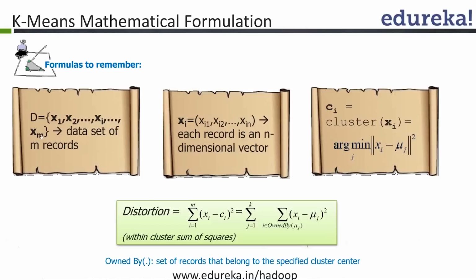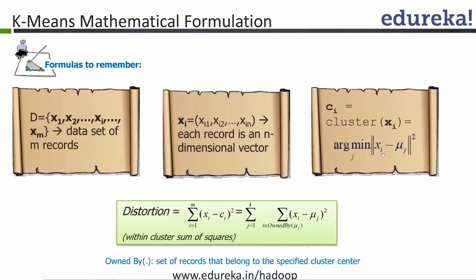Okay, and how can I define a cluster in mathematical terms? The cluster to which my ith point belongs is essentially what? The closest center, right? I compute distances between my data point and all the cluster centers, and then I choose the minimum. Okay, so that's exactly represented as this equation.